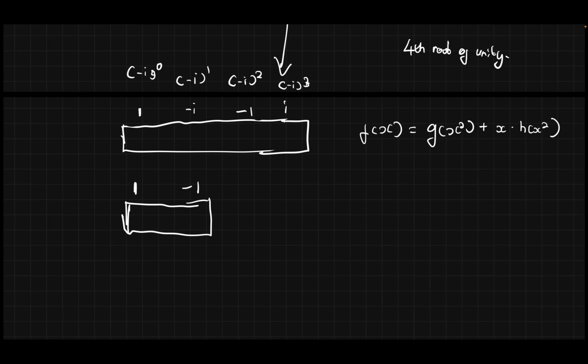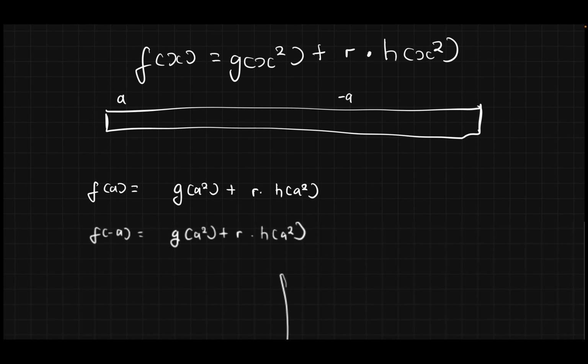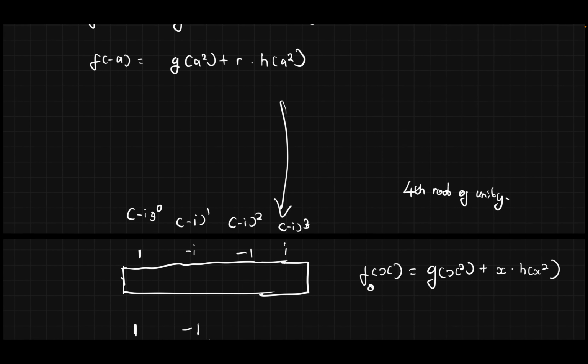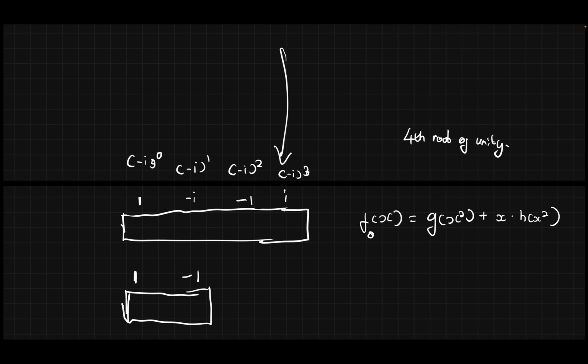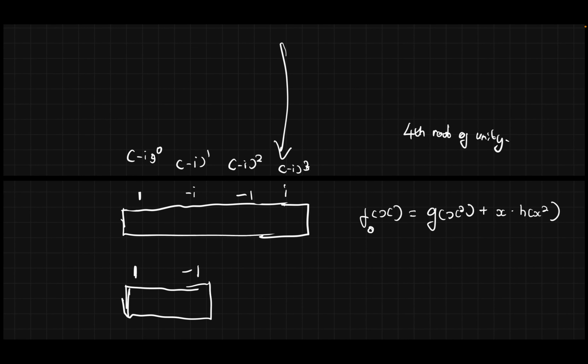So it's like, we can call this one f0 of x. Can I see that one where you wrote r? So the folded polynomial is basically g of x.